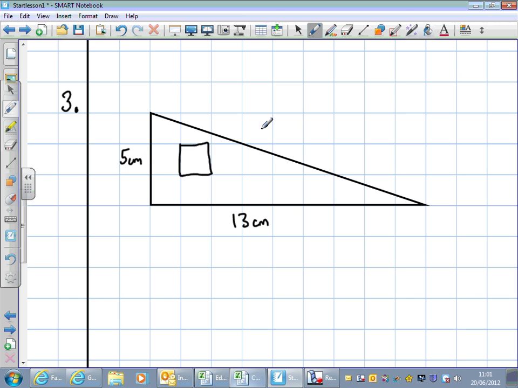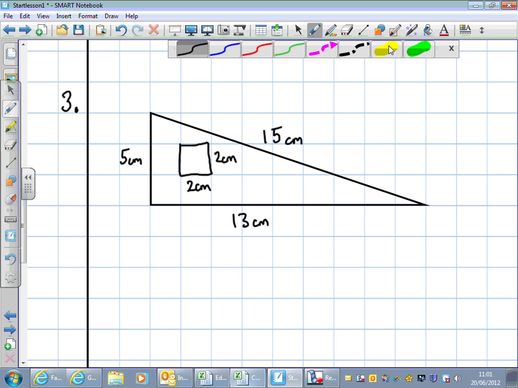It's not to scale. Now, the question might be this. What's the area of the white section?